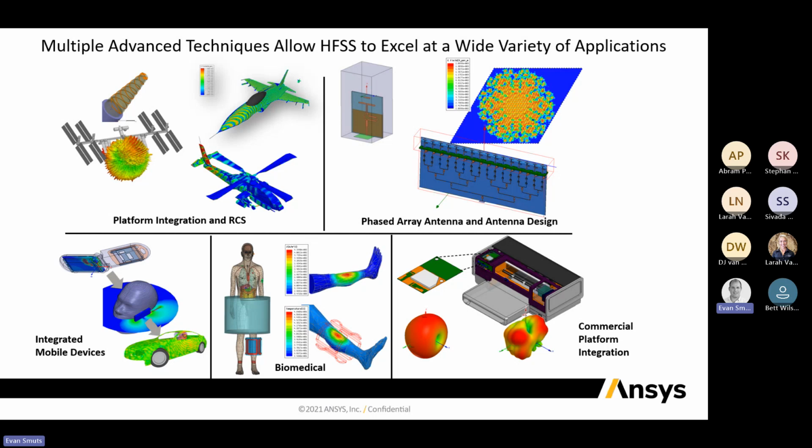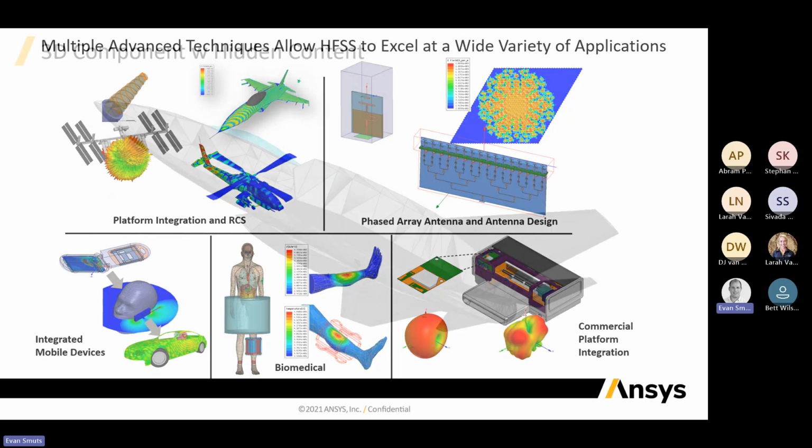We go from anything from large-scale platform integration and arrays down to small consumer products and installed performance there, and even biomedical applications. We have some libraries for human body parts that we can bring into HFSS and then see the effect of our components on the body. So we're quite versatile, and we feel that we're not limited to any particular application.